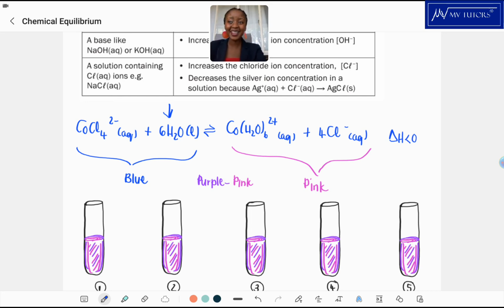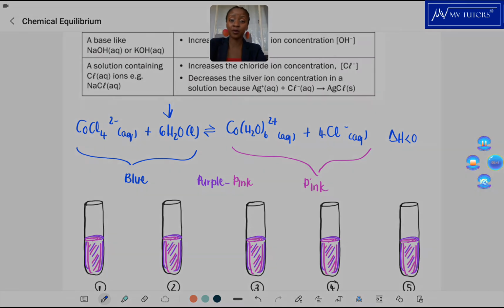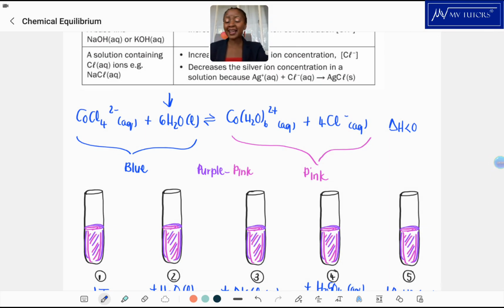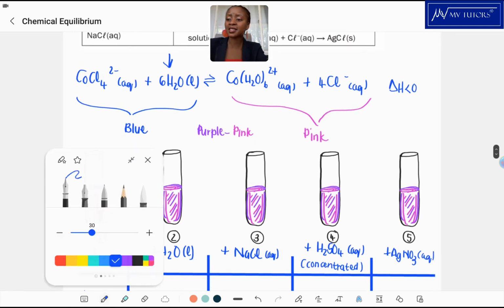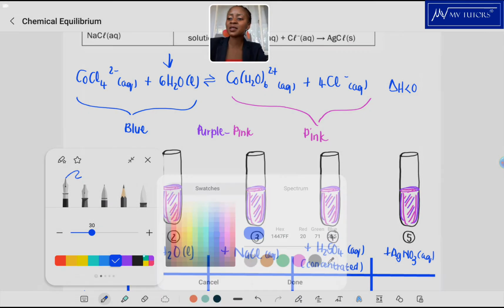So by adding silver ions, your chloride ions will come into contact with the silver ions and a precipitate will form. You are taking away the chloride ions in the solution, so they will decrease, because the precipitate is forming at the bottom. So in this case, I'm going to indicate the precipitate, silver chloride.